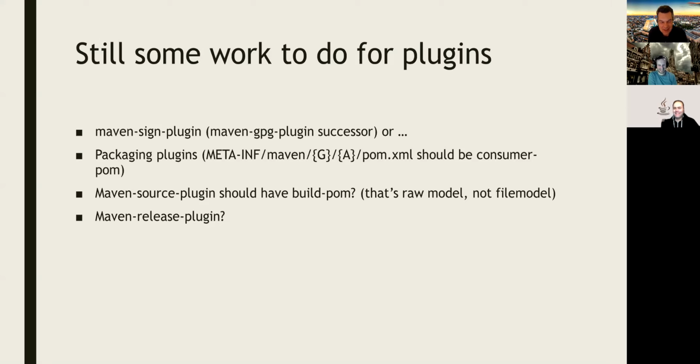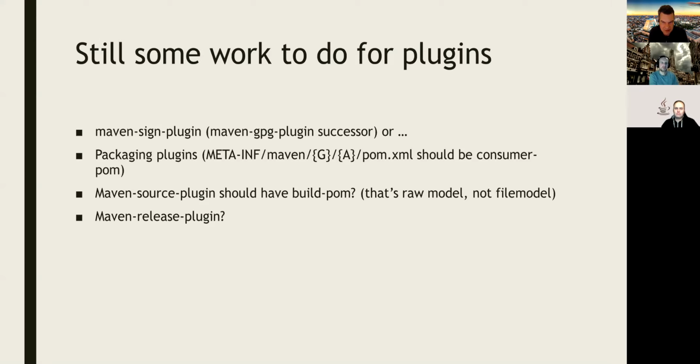But here I don't know which POM file we should use, because the structure of your sources has also changed. For instance, you could have generated sources that are probably part of your sources jar, but not of your project itself. So there are a couple of things that are not one-to-one mappable.